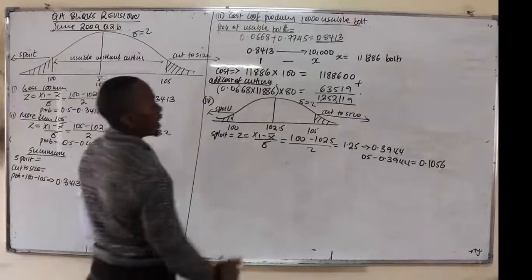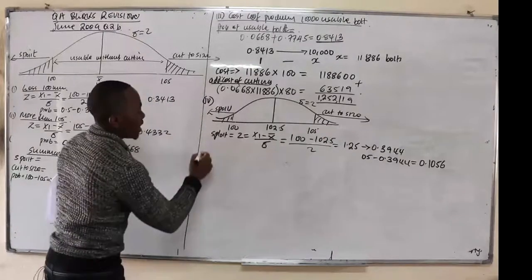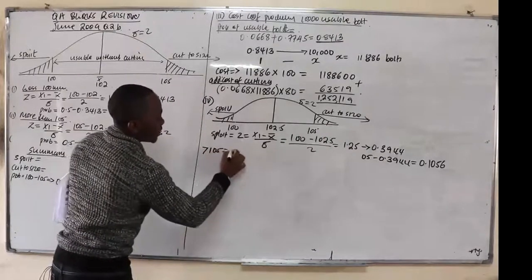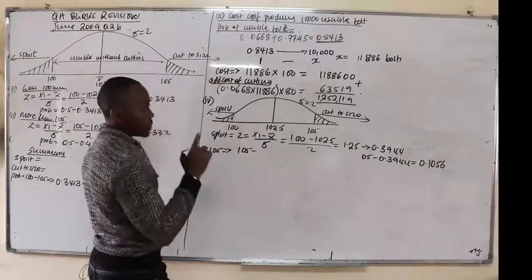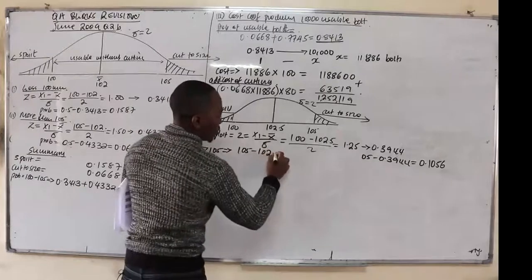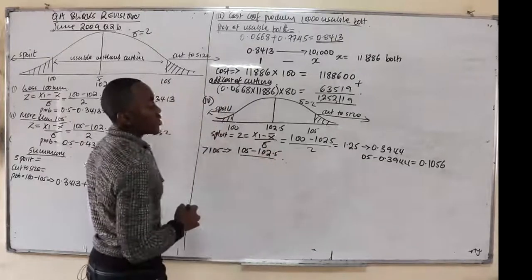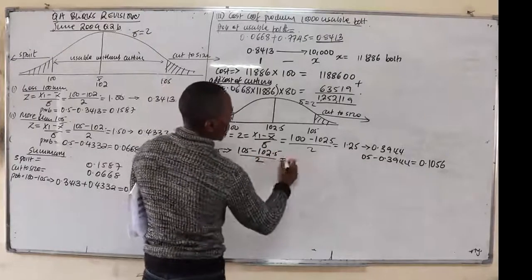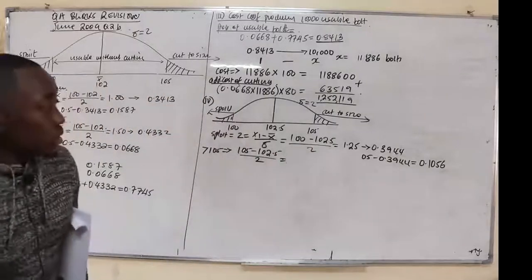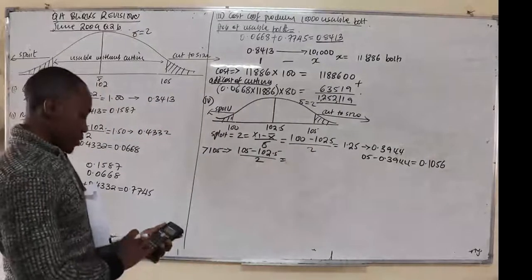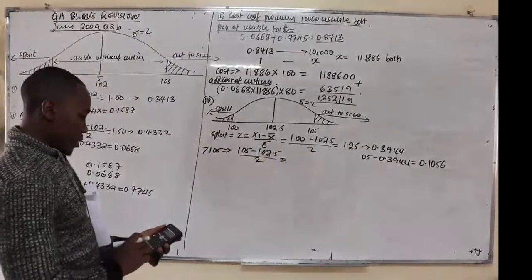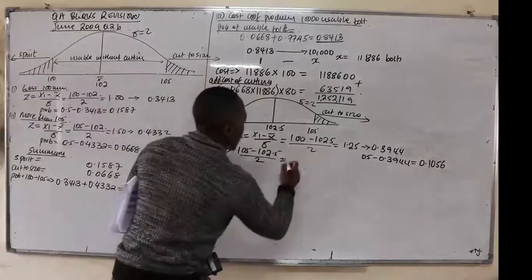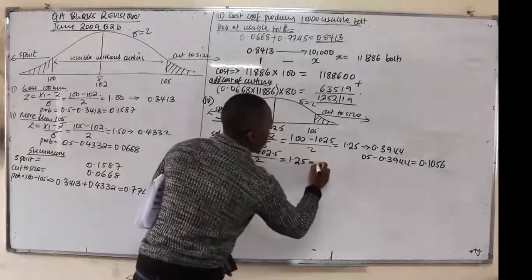Then we get those greater than 105. So you take 105 minus X bar, which is 102.5, over standard deviation of 2. 105 minus 102.5 divided by 2, you still get 1.25.